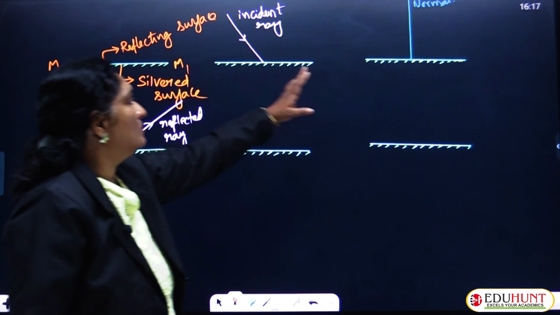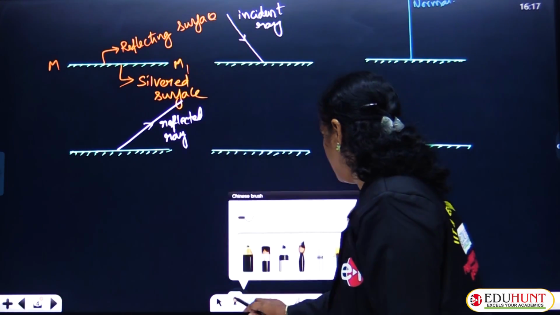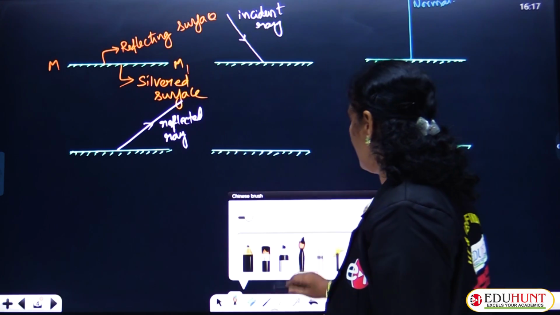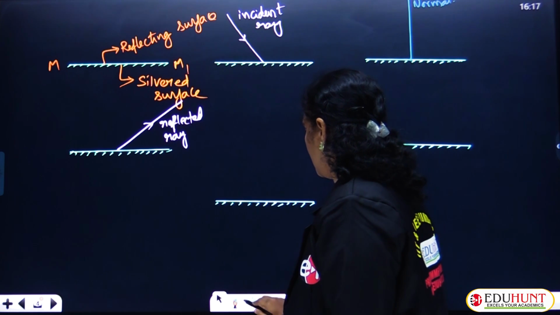Let us try to draw all three in one diagram. Here we go. What is this, children?